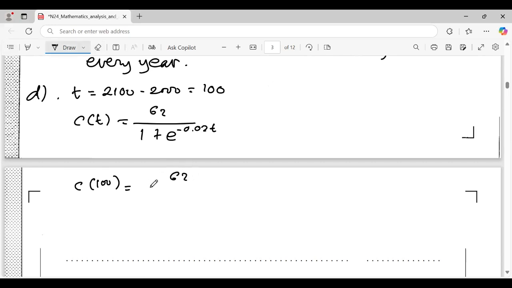It's going to be 62 over 1 plus e to the power minus 0.02 times 100, which is 62 over 1 plus e to the power minus 2.